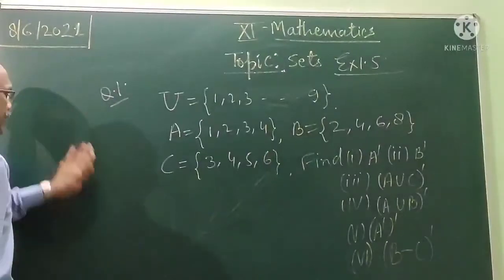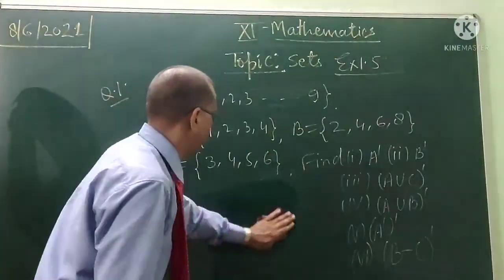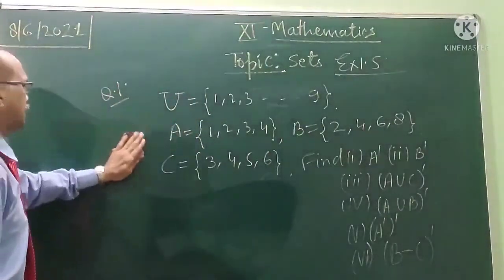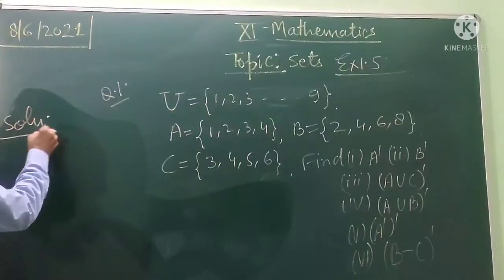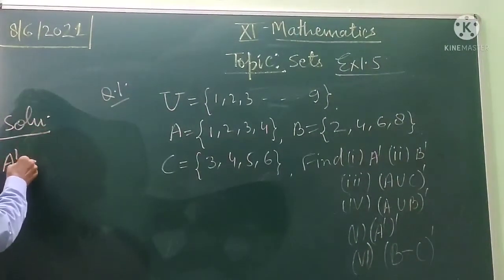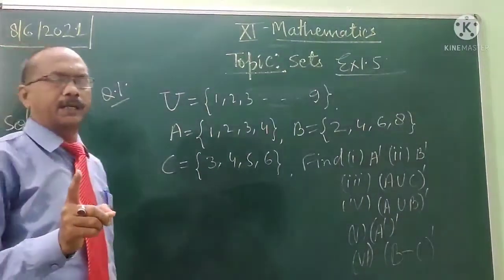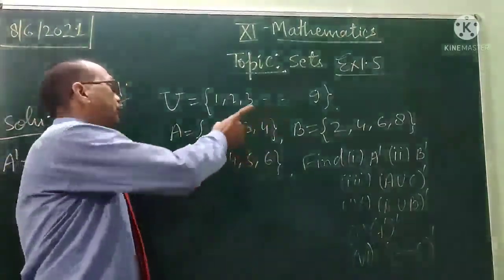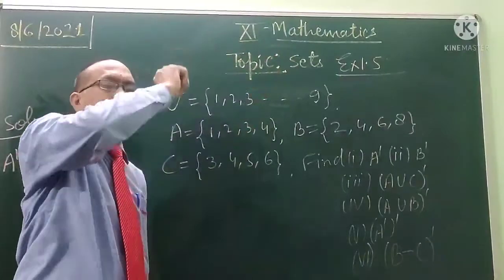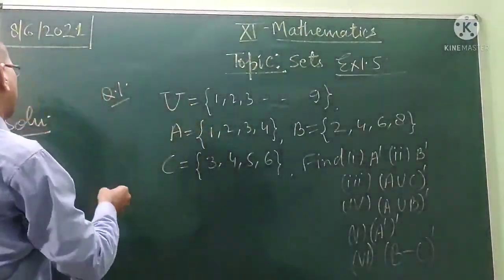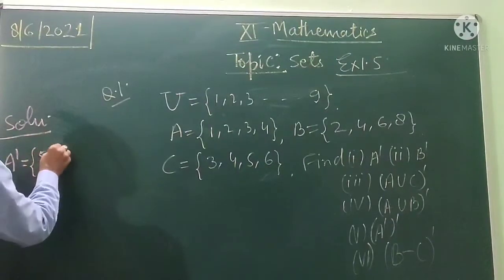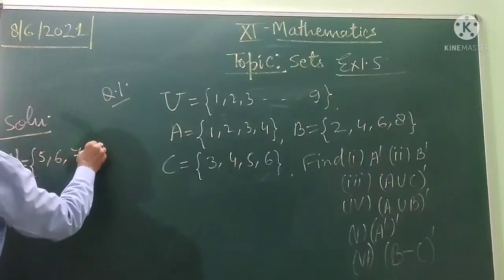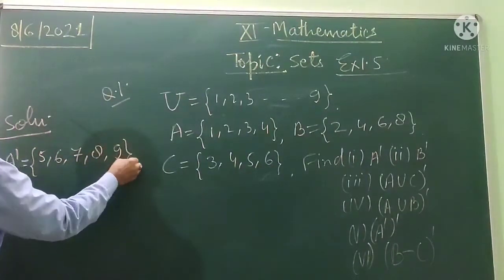Now A complement. See the solution. A complement equals the elements which belong to the universal set but do not belong to the set A. So these elements are 5, 6, 7, 8 and 9.